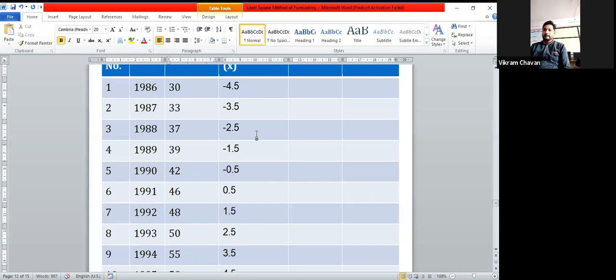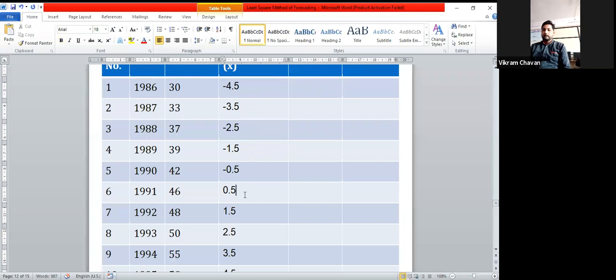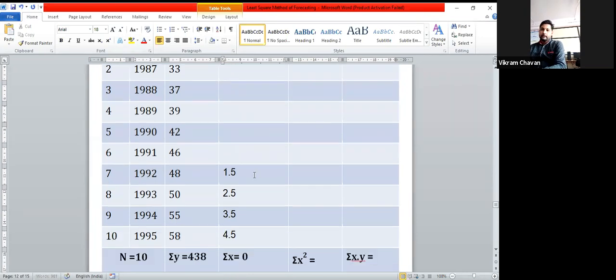Now the next important part is that we have to provide the deviation. I have written this in the last lecture, but if you forgot how to provide the deviation, I will repeat it.